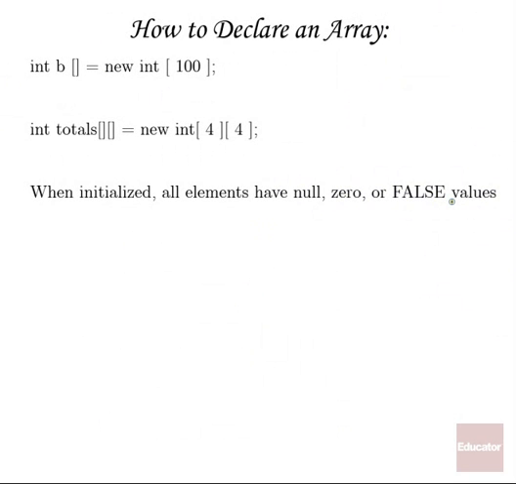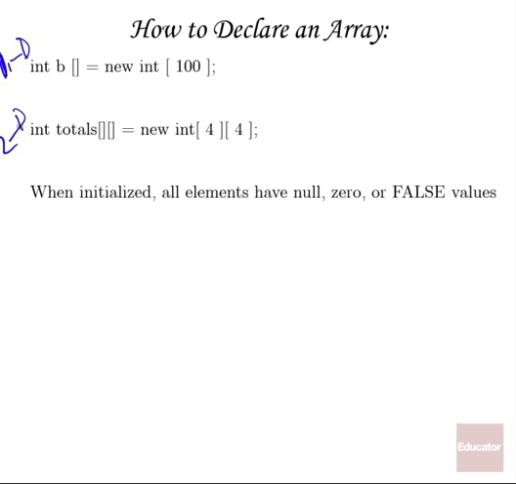Now, in the code, you can declare an array a couple of different ways: one way for a single-dimensional array, and a different variation for a two-dimensional array.